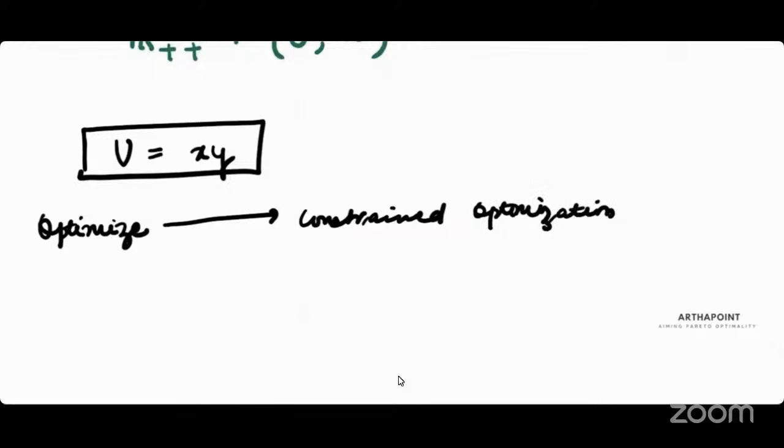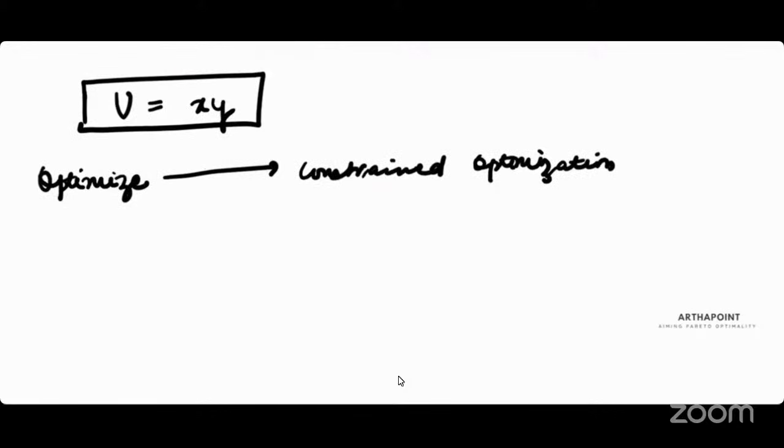What is a constrained optimization? That you want to maximize your utility, but subject to a budget constraint. You have some constraint in mind. You cannot exceed your income level. Within your income, you have to buy your bundle. So your aim is to maximize your utility subject to your budget constraint.